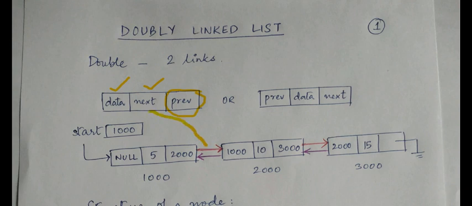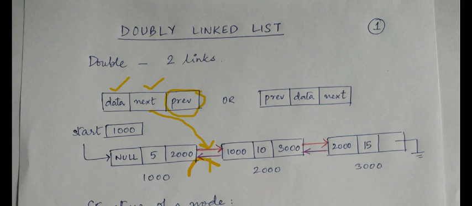If you see, this is your next pointer from first node to the second node, and you have the previous pointer. So the previous pointer will go, this is your previous pointer here.